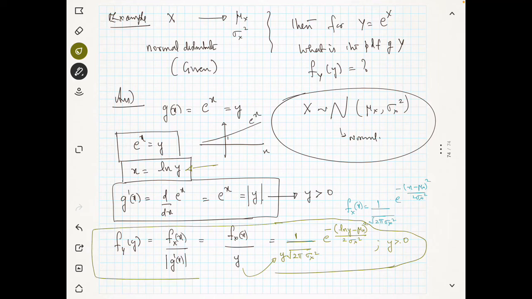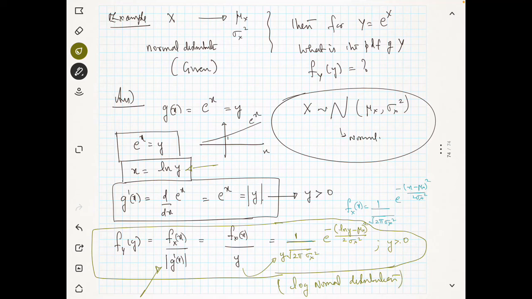So this is how to find the PDF. This is very simple, just use the formula, and you just need to take the differential. We will see one more example. If the distribution for the same problem is like this, it is known as log normal distribution.